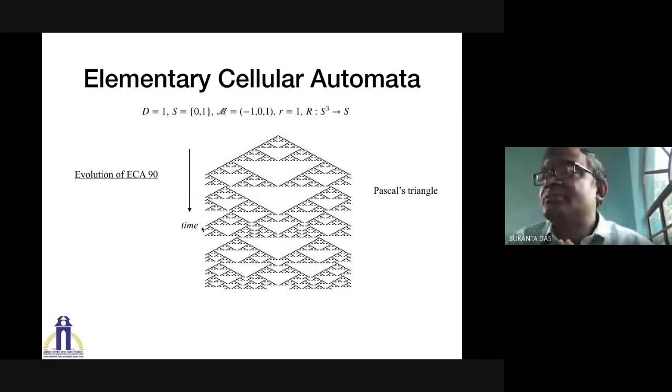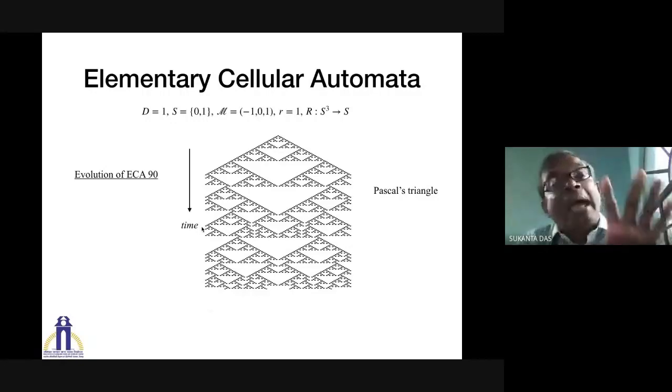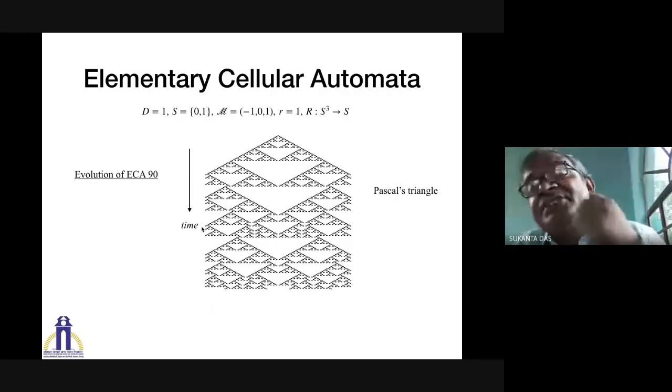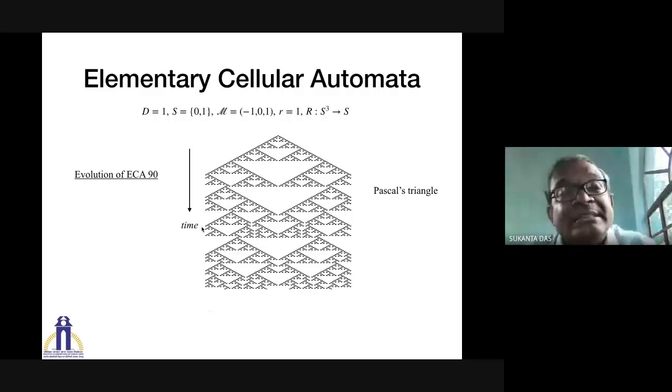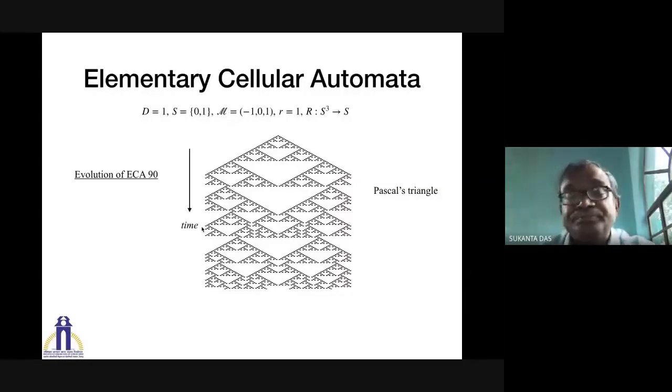Actually, it's the XOR of the left neighbor and the right neighbor. From the table, if you derive the function, you can see that rule 90 is nothing but the XOR function. By applying XOR in that fashion, I can get this structure. This is the beauty, and this is the importance of elementary cellular automata.